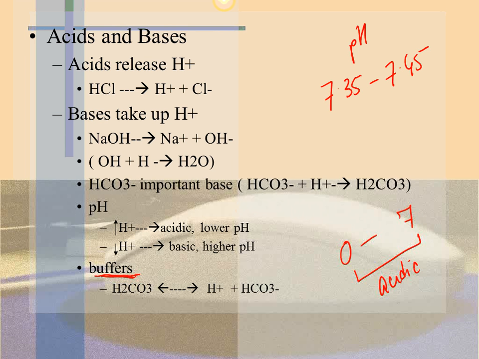So suppose you have 100 free hydrogen ions, your pH is 5. If you have 150 free hydrogen ions, your pH is 3. Do you understand? The higher the number of free hydrogen ions, the lower the pH number and the more acidic it is. The more acidic it is means numerically the number is low.